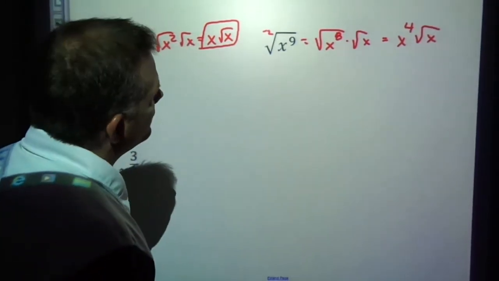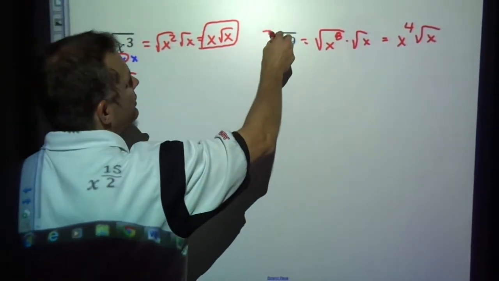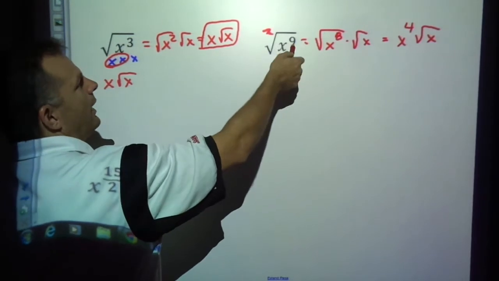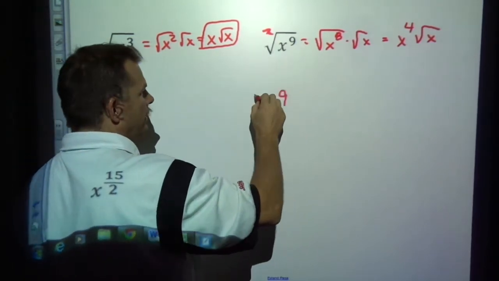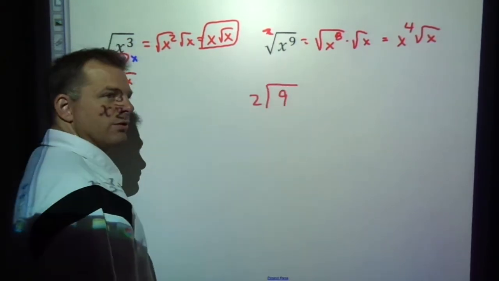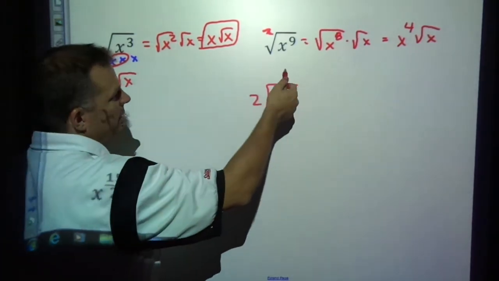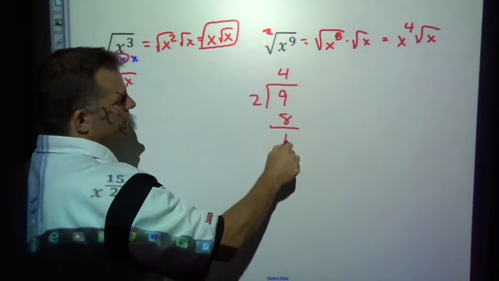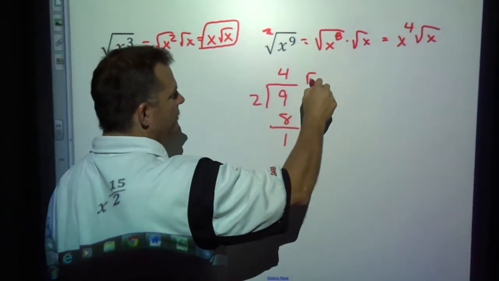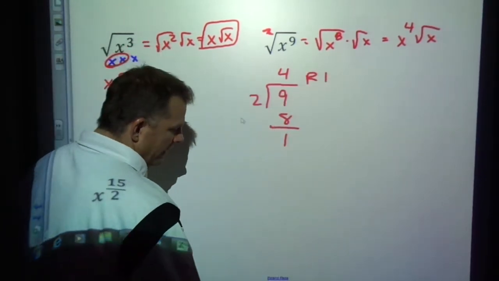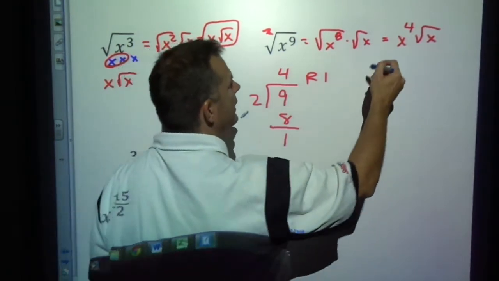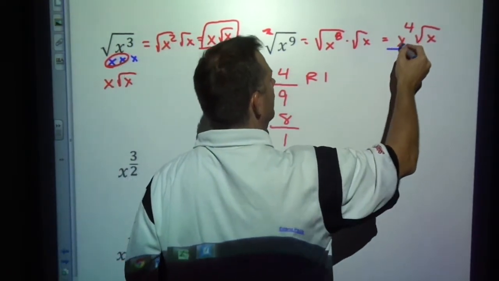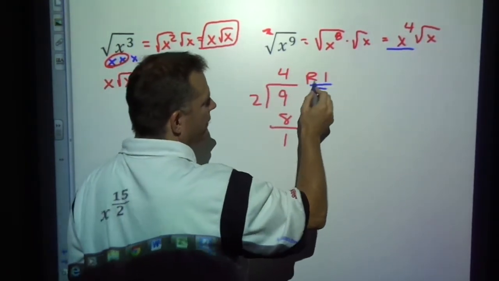What also happens here a lot is that if you see these numbers, we can divide. 9 divided by 2, you remember when you were learning how to do this kind of a thing when you were little kids? 2 goes into 9 4 whole times. 2 goes into 1 none, but there's a remainder of 1. So we've got x to the 4th with 1 left over out in the cold.